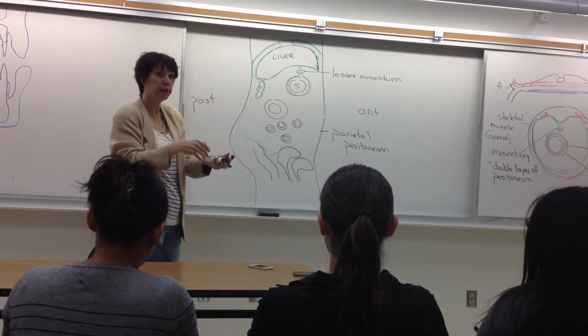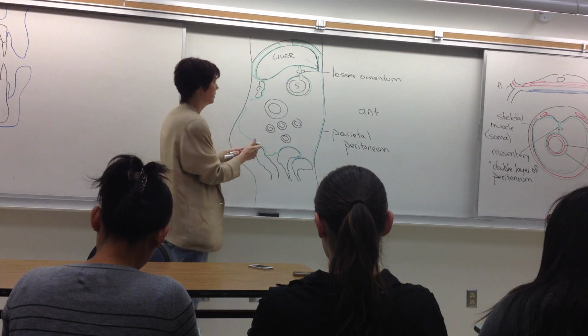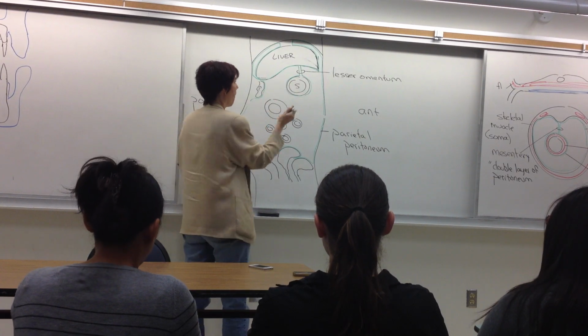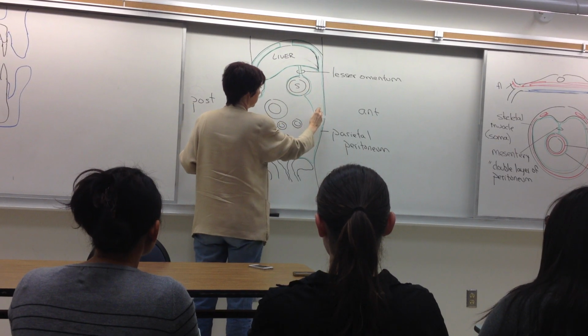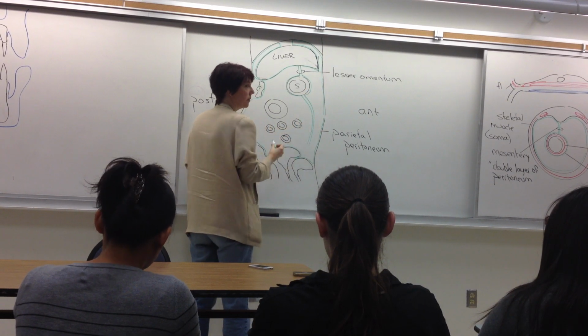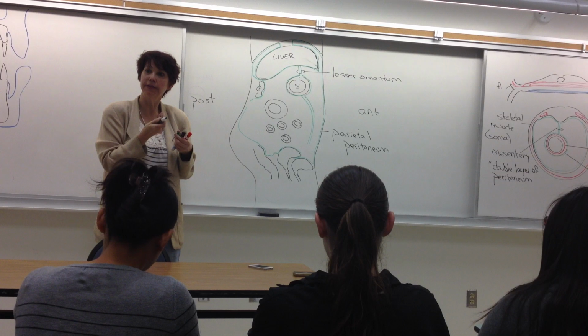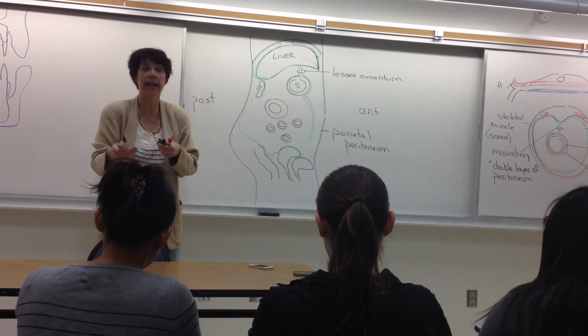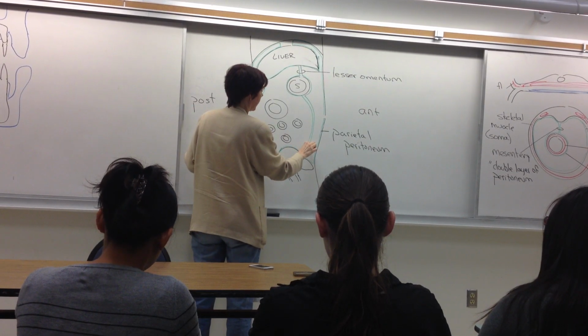Then on the inferior aspect of the stomach, the greater curvature, we form another double layer. But this folds back on itself, so it ends up being 4 layers actually. It folds back up on itself.